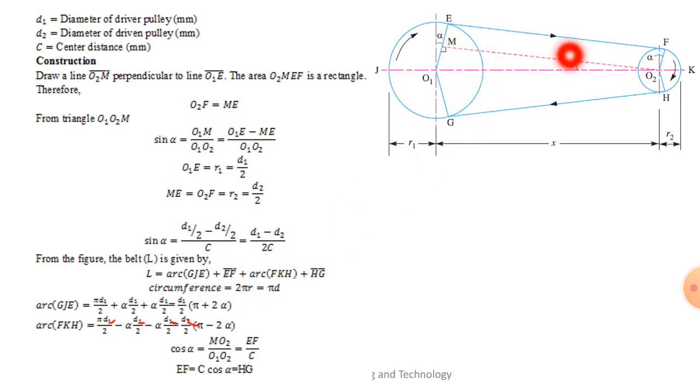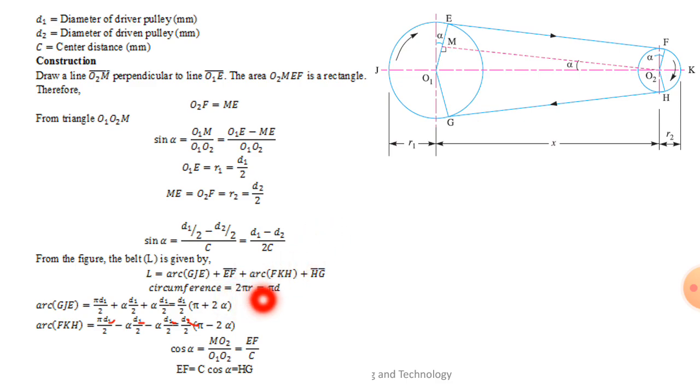Plus EF, that will be the straight length EF. Plus again the arc length FKH, plus HG, that is again a straight length. So if you add all four lengths, 2 straight lengths and 2 arc lengths, it will give you the length of the belt in case of open belt drive.